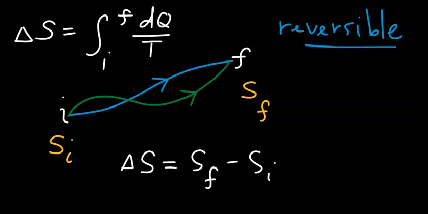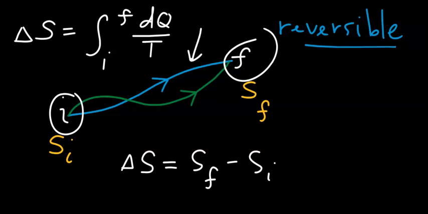Because entropy is a function of only the state of a system, we can simply invent a path connecting the given initial and final states that consists entirely of reversible processes, and compute the total entropy change for that path.